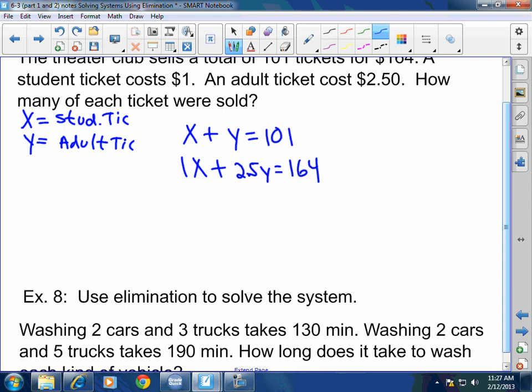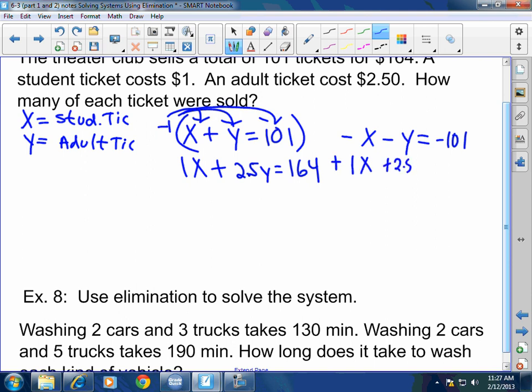You could have multiplied the top or the bottom by a negative. He wants to basically eliminate the x, okay, guys? I'm going to do it to the top just so you see it doesn't matter. Multiply -1 to every single thing. So I'm going to have negative x minus y equals negative 101 plus 1x plus 2.5y equals 164.